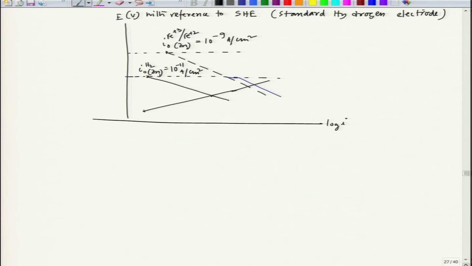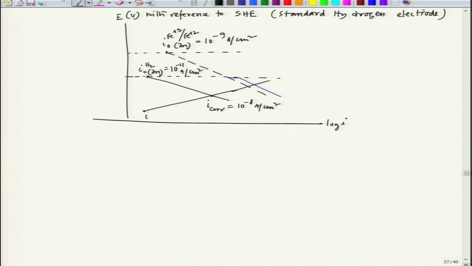When there was no Fe+3 ion, this is the corrosion rate of zinc, which is I_corr equal to 10^-8 ampere per centimeter square.